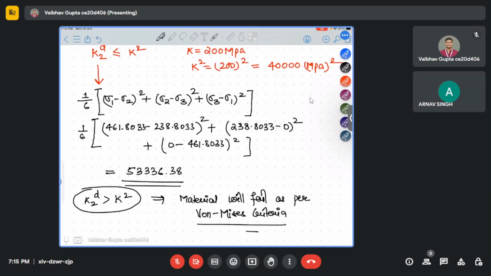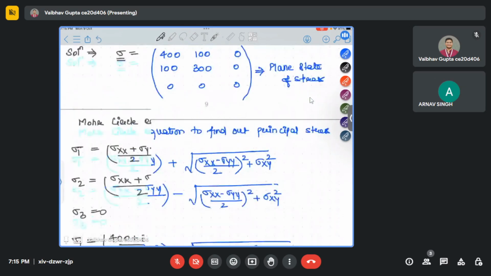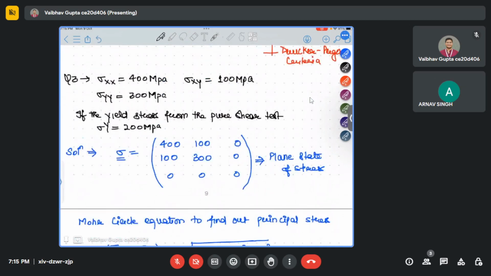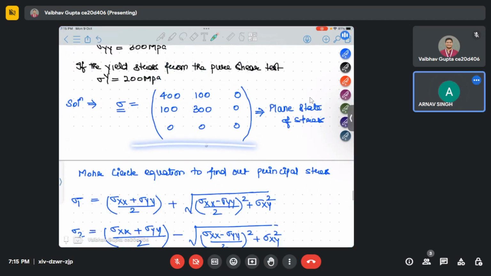So understood? For this type of questions, you have to go step by step. First, form the stress matrix given to you. Now failure criteria only work on principal values. This is the main point. So with this matrix, find the principal values. How will you find them?